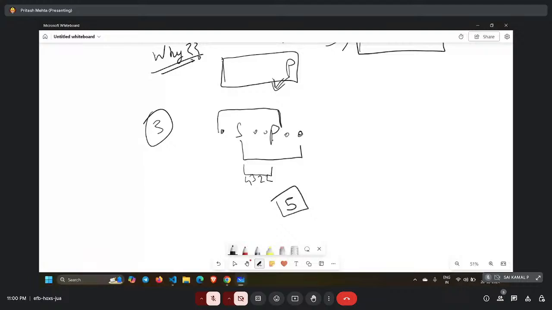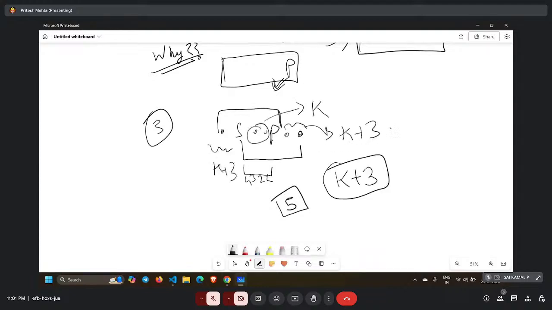Why can't we put it in between? Because if we put it in between, then we will have to drop one element from 1 to k plus 2.